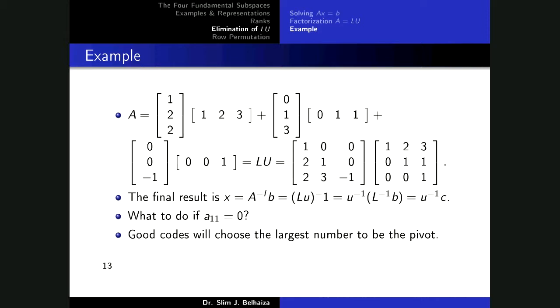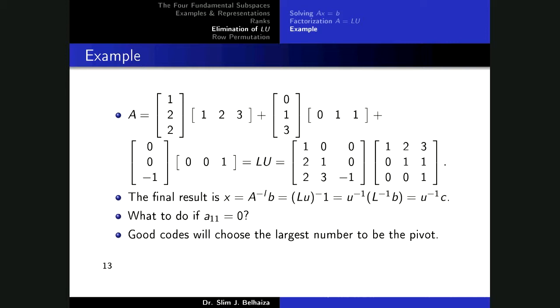So good codes will choose the largest number to be the pivot. I mean, you will rearrange the rows so that the row with the highest entry in the first column will be reordered and considered as the new first row.